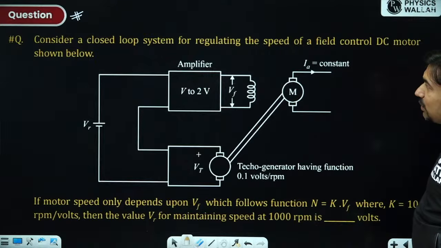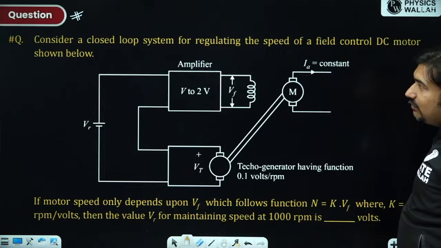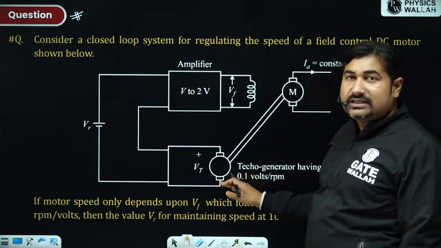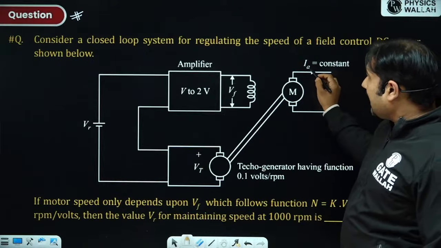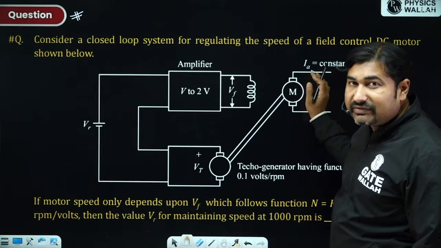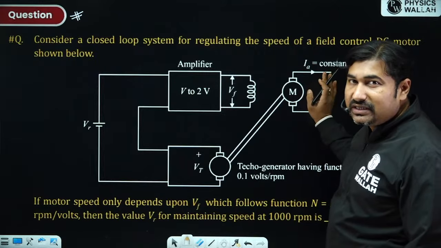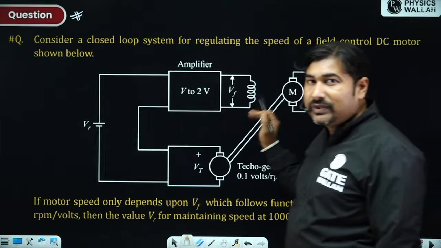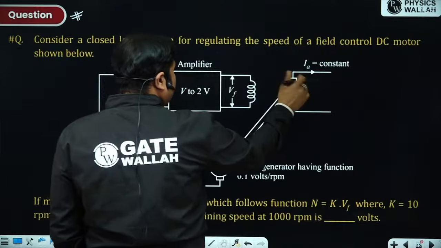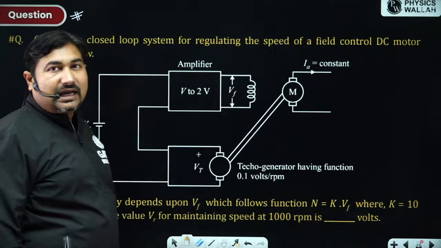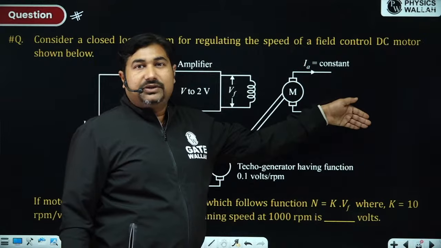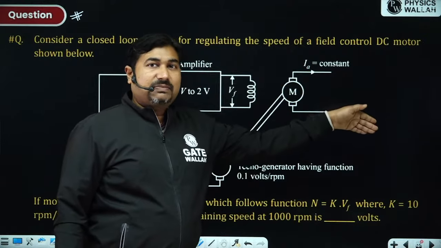Consider the closed loop system for regulating the speed of a field control DC motor as shown. We have a field control DC motor. We can see that IA is given constant, so it's a constant power type machine which gives the same IA. RA is neglected, so terminal voltage and EMF induced, power developed as well as power output are the same.